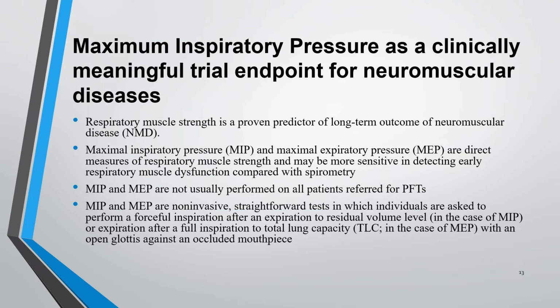And then the MEP is if the patient exhales, that really takes intercostal muscles. It also requires your abdominal muscles to exhale. So these are both great tests, and there are a lot of studies showing that when these decrease, it's an indicator of mortality. So you should know these tests.